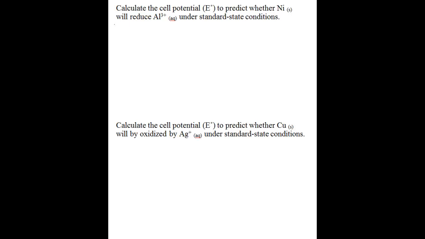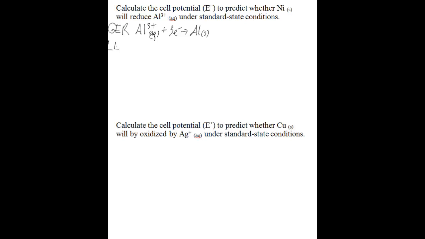And you know that you gain electrons when a reduction occurs. So in this case, you'll have aluminum 3+ in aqueous form gaining 3 electrons to become aluminum solid. And if aluminum is reduced, that means that the nickel solid has to be oxidized.